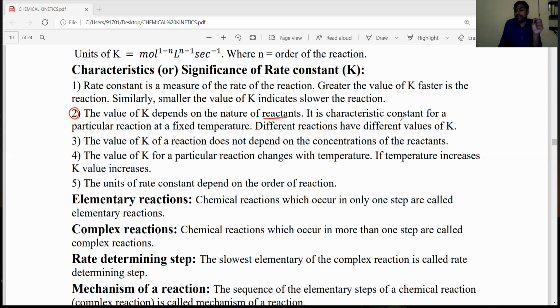and it is a characteristic constant. The K value, the rate constant, is a characteristic constant for a particular reaction at a fixed temperature. Okay, so the K value is constant for a reaction at a constant temperature.